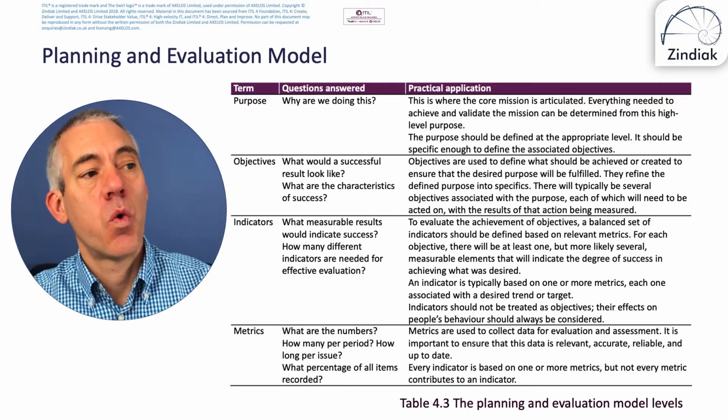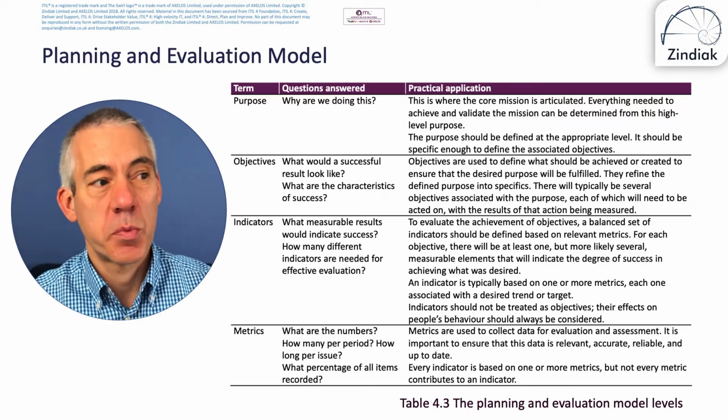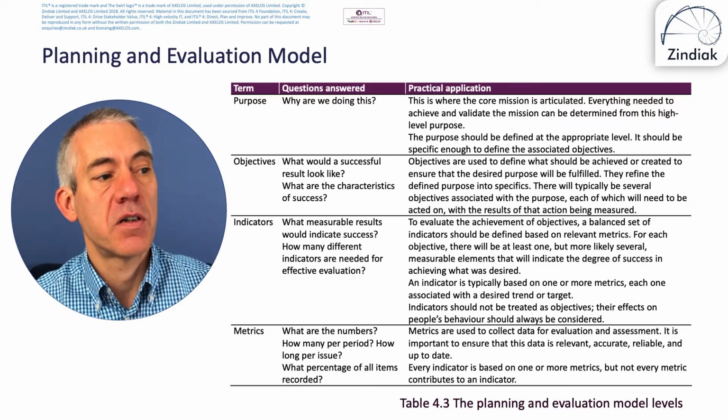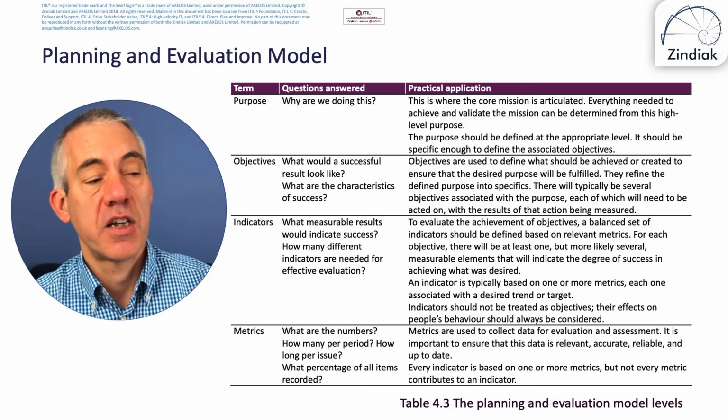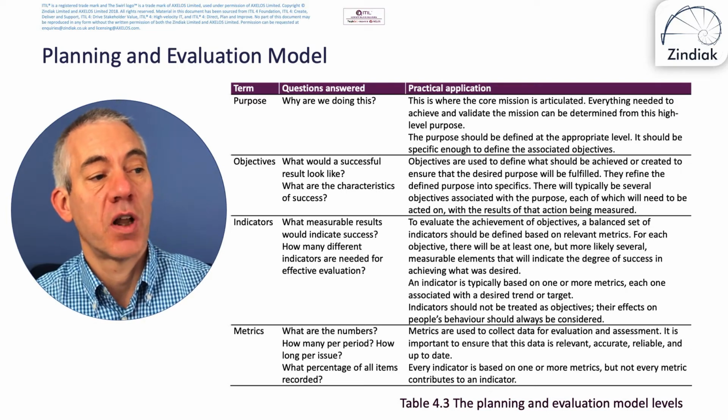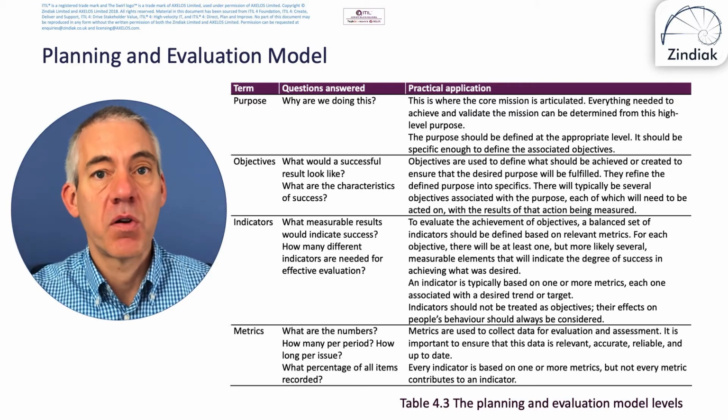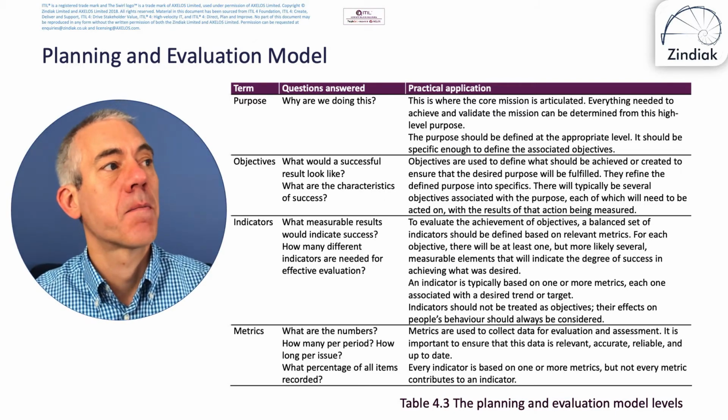And then indicators, what measurable results would indicate success, how many different indicators are needed for effective evaluation. So we're becoming more specific. And then metrics, what are the numbers, how many per period, how long per issue, what percentage of all items are recorded. So as we drill down, we're becoming more specific.